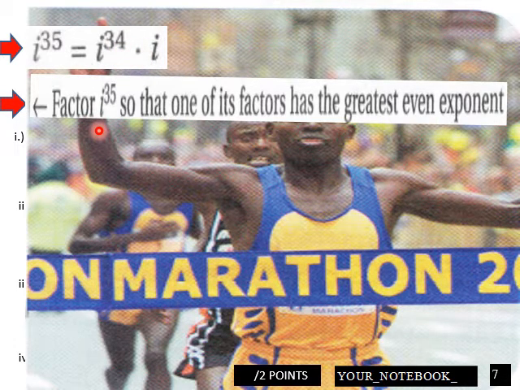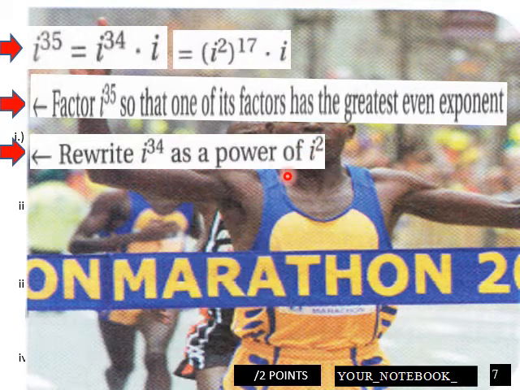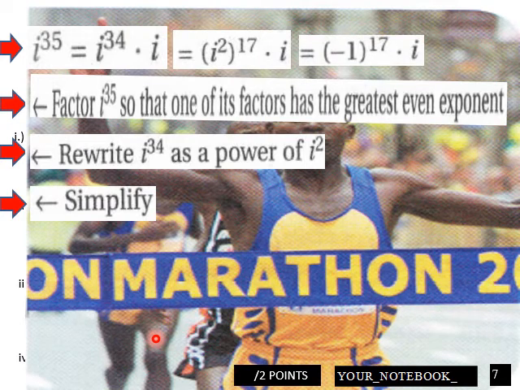Factor out from i to the 35th so that one of its factors has the greatest even exponent. Then rewrite i to the 34th as a power of i squared: i squared to the 17th power times i. This is negative 1 to the 17th power times i, which would be negative i, because negative 1 is raised to an odd power.